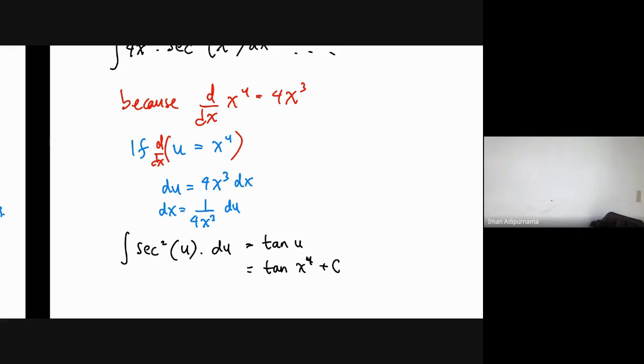Also to remind you, if you have tangent u, you add plus c here. If the question is not specifically asking about x, it's still correct if you answer up until here. But if you want to change to x to the 4 and you still have plus c, the c in the first one and the second one will be different, right?